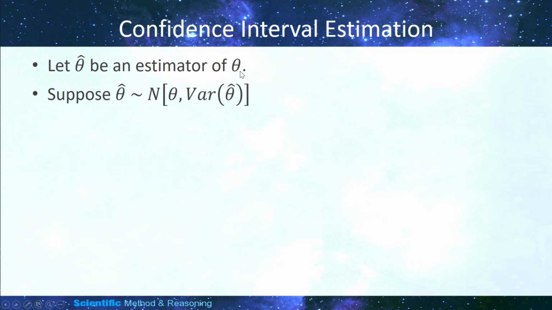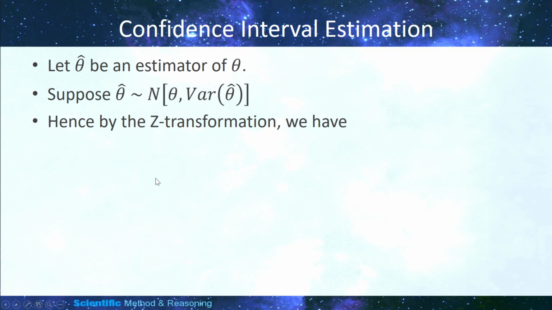If theta equals the population mean mu, then theta hat becomes the sample mean y bar. Then we know that in general y bar follows a normal distribution with mean mu and variance sigma squared over n. Suppose we stick to this general situation.